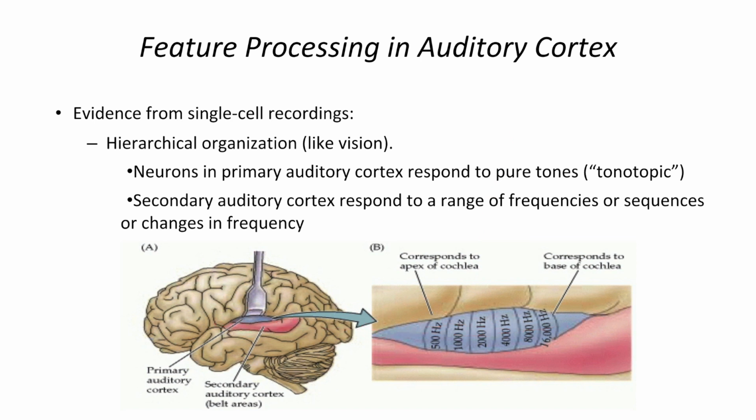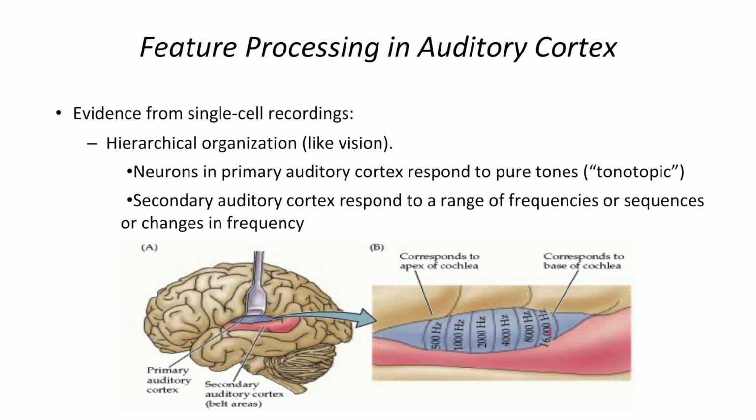And what's interesting about the auditory cortex is that it maintains what's called a tonotopic organization. So it responds in the same way that the cochlea responds to different frequencies at different locations, responding to different frequencies along its anterior-posterior dimension.